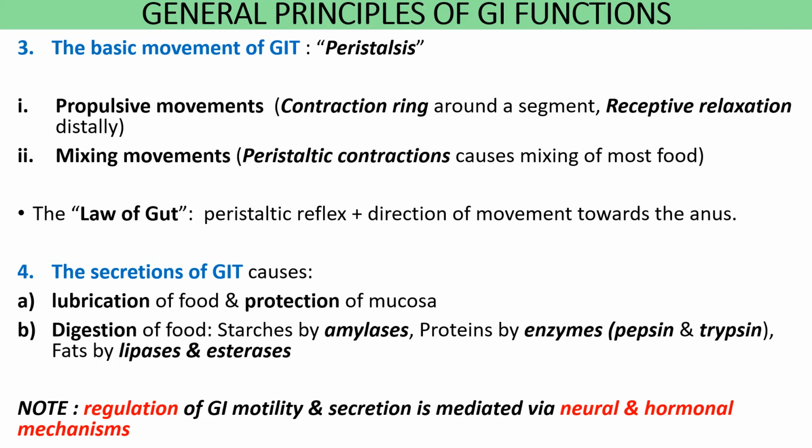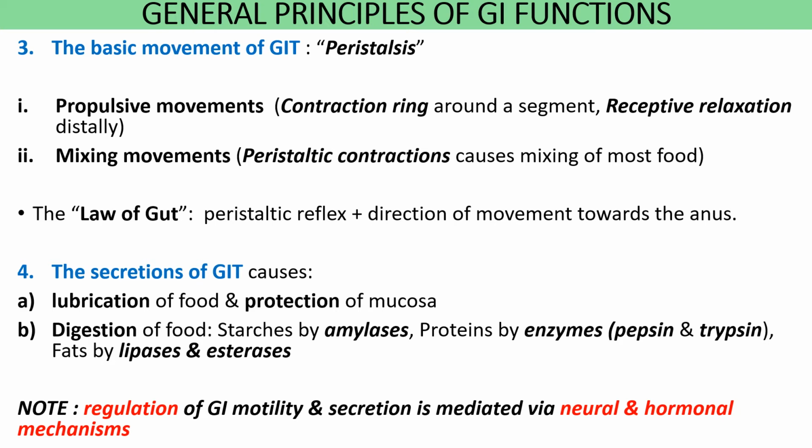The fourth general principle is about the secretions of the GIT. The secretions of the GIT basically provide lubrication to the chyme or the bolus, and thus protect the mucosa from wear and tear or damage from the bolus. Second, they help in producing various digestive enzymes which help in the digestion of the food.